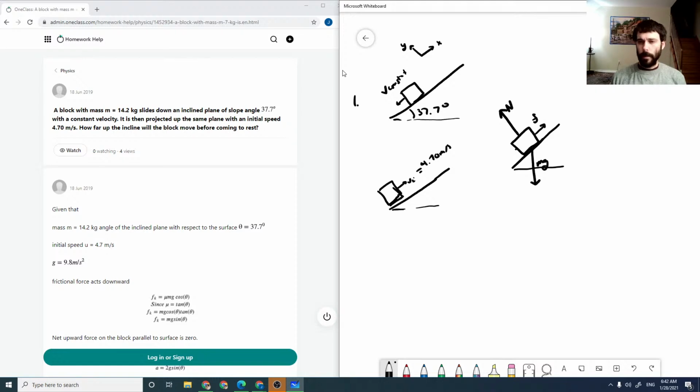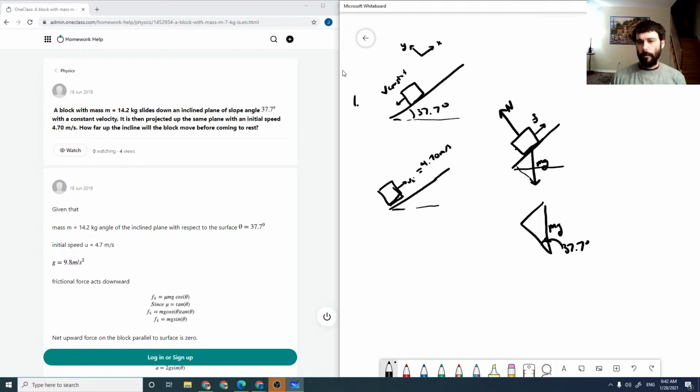So now, first of all, let's decompose the mg force. So our mg force is here. That is going to be our 37.7 degrees.